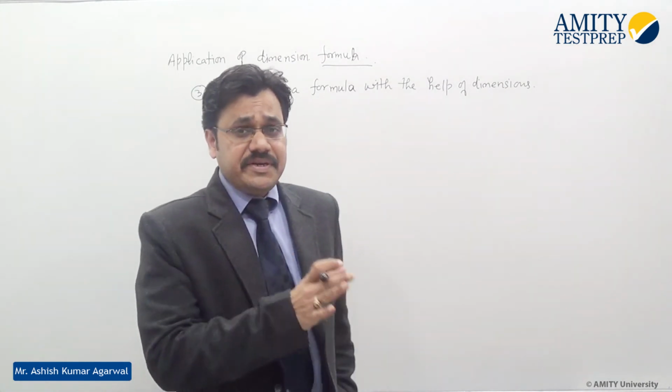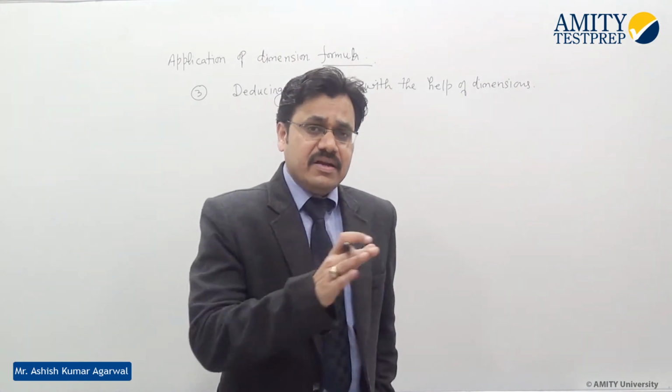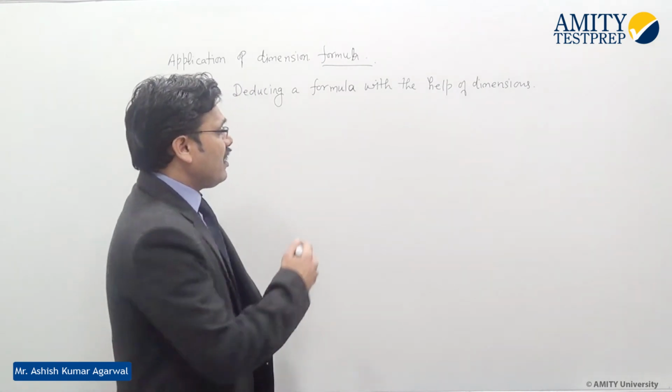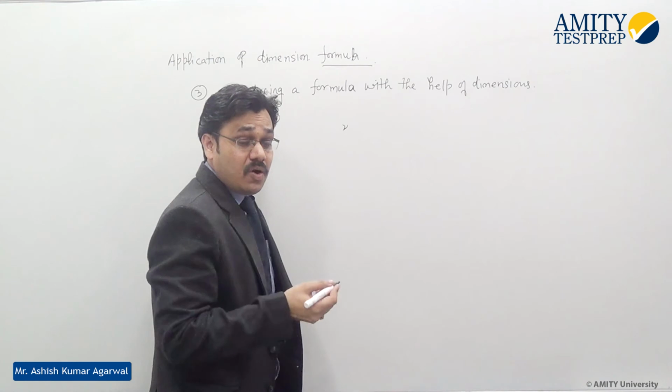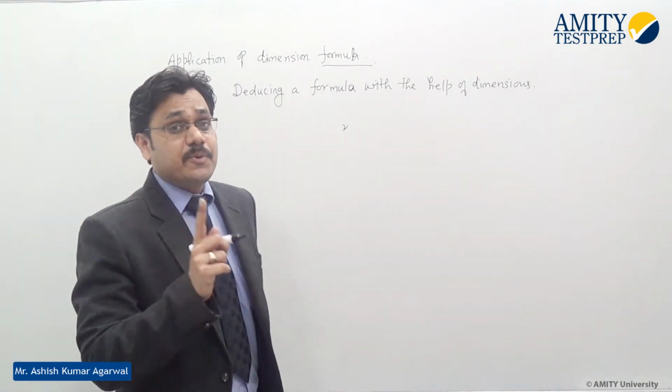Now I have to proceed to deduce the formula, or get the relationship between these three. So first of all I have to write what factors the frequency depends on. It has to be remembered that it is of product type.